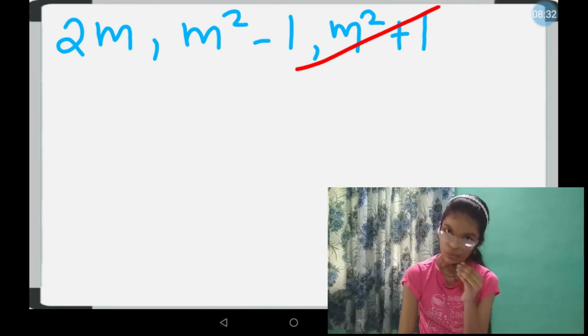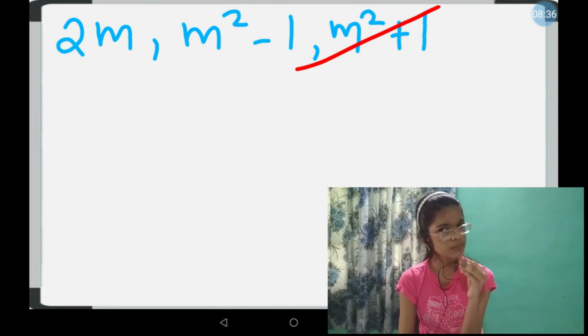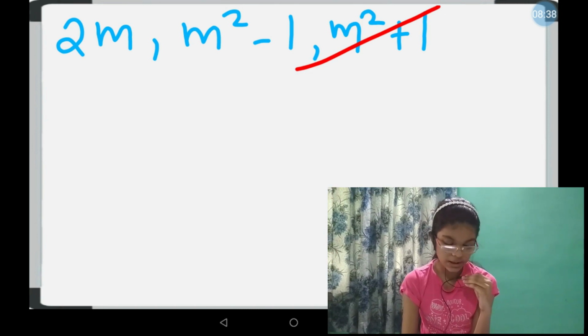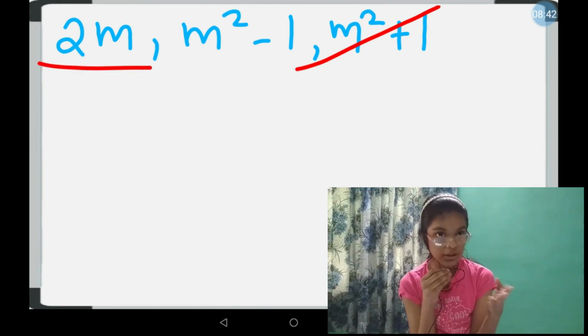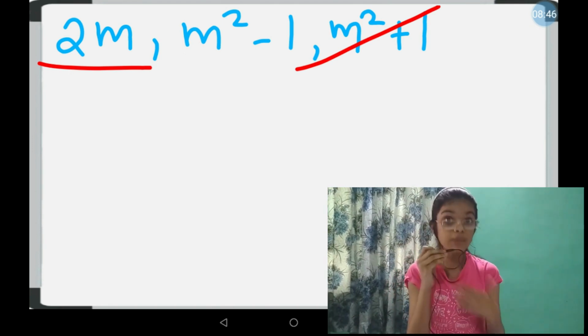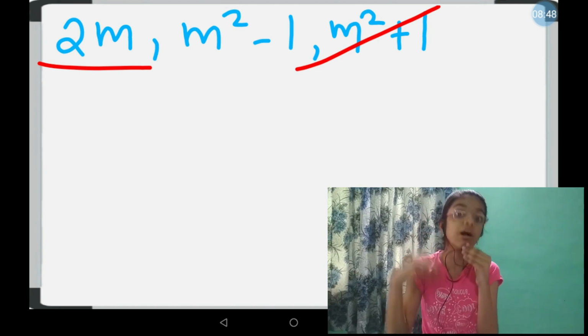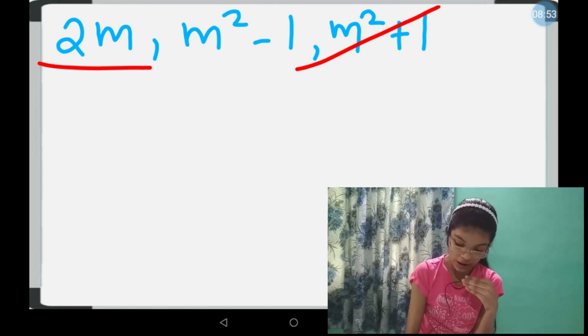Now, which one is smaller, m squared minus 1 or 2m? I think it's 2m because 2m is just 2 multiplied by m, while m squared minus 1 will be m multiplied by itself. So I think 2m will be the smallest.